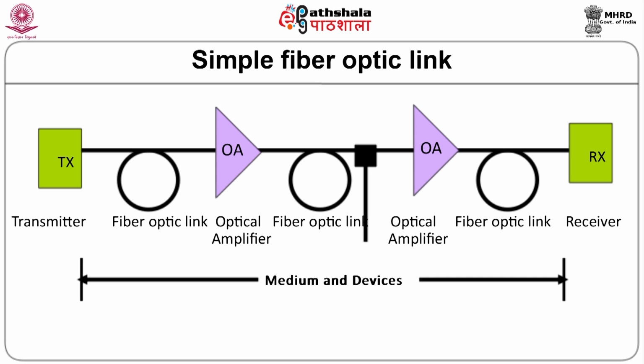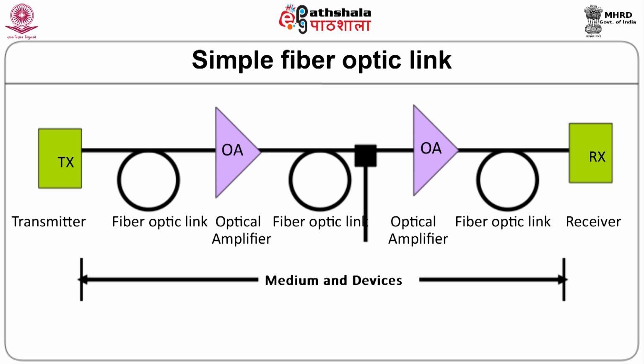When the data is transmitted through this link, again there is a possibility of attenuation and hence again optical amplifier is required at the other end. Now the amplified signal is transmitted through the fiber optic link to the receiver part. So in the receiver we have photodetector which converts this light signal into electrical form.